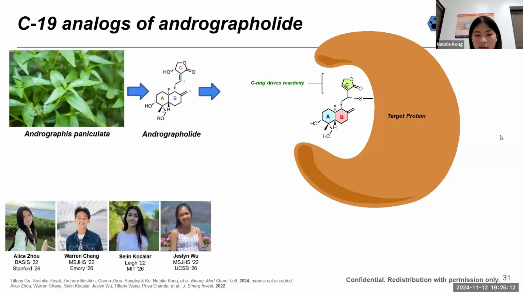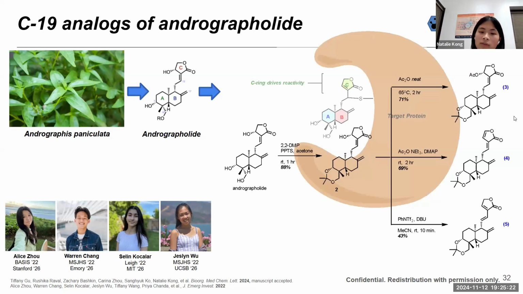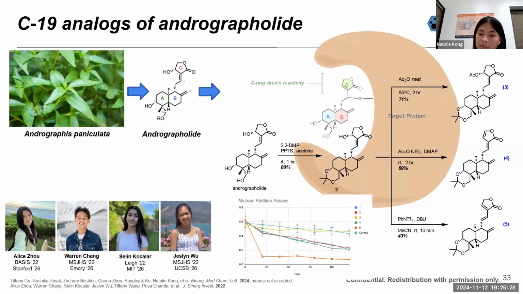drives its reactivity. In a previous work by some of our alumni from the Njoo lab, like Alice, Warren, Celine, and Jesselyn, they showed via a series of C-ring Andrographolide analogs that the C-ring was what drove the reactivity of Andrographolide.